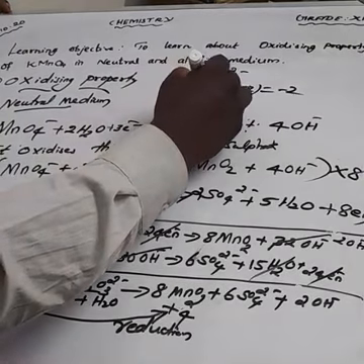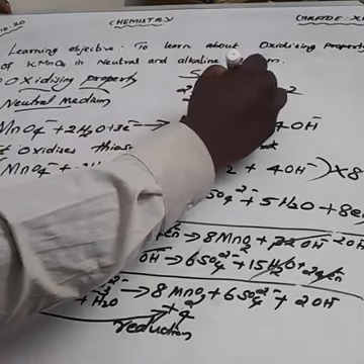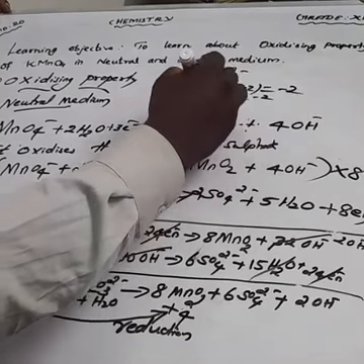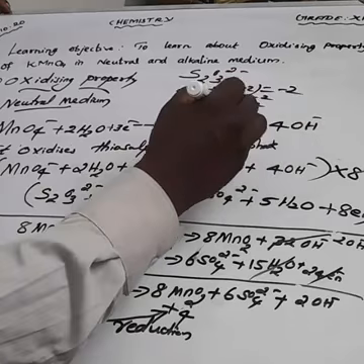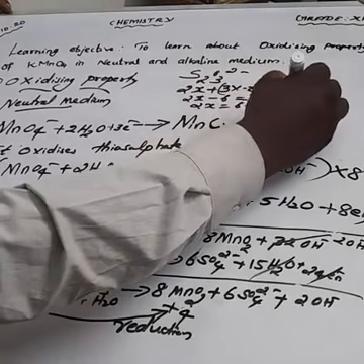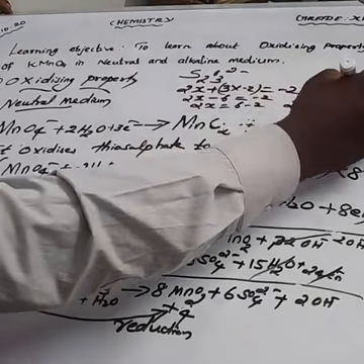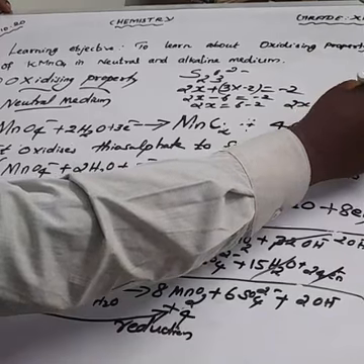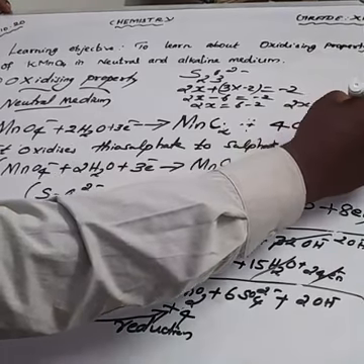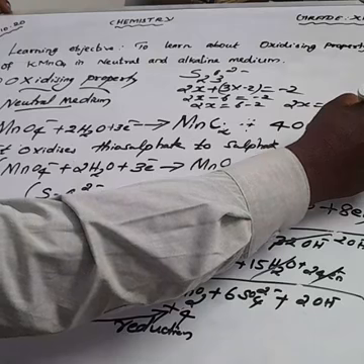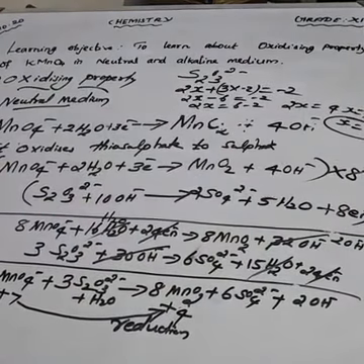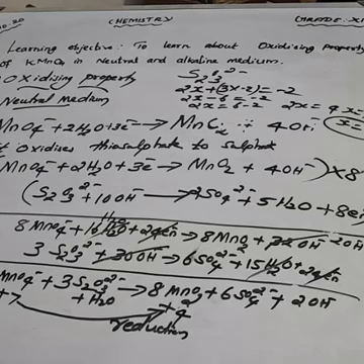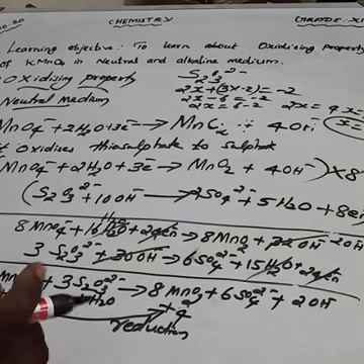So 2X minus 6 is equal to minus 2. 2X equals 6 minus 2. 2X is equal to 4. X is equal to 4 by 2, X is equal to plus 2. So the thiosulfate oxidation state is plus 2. Okay.